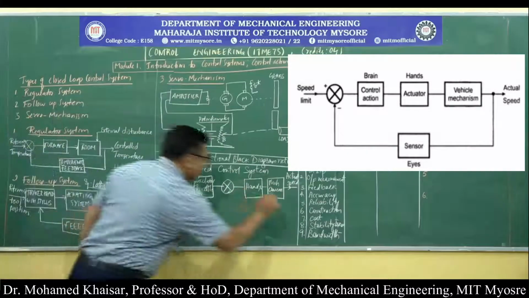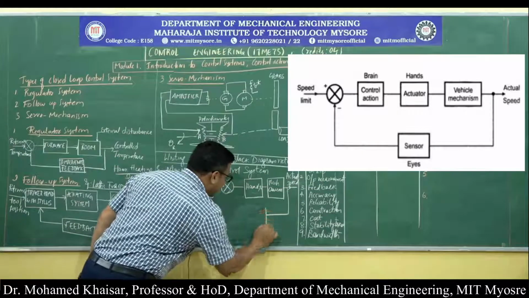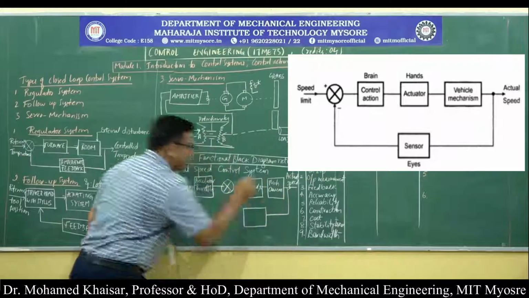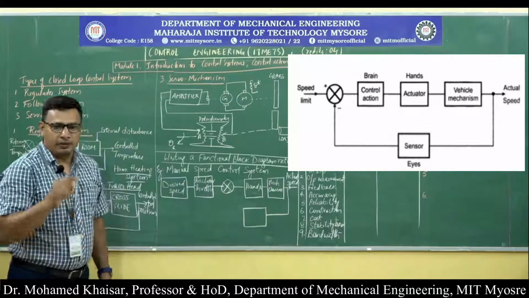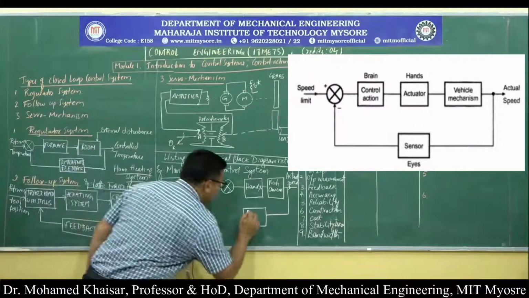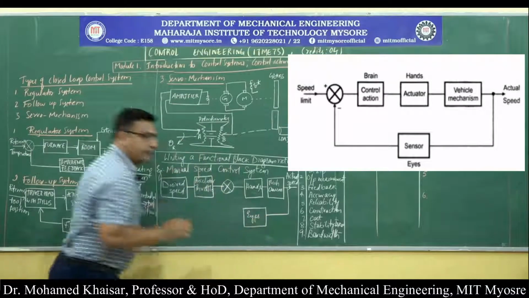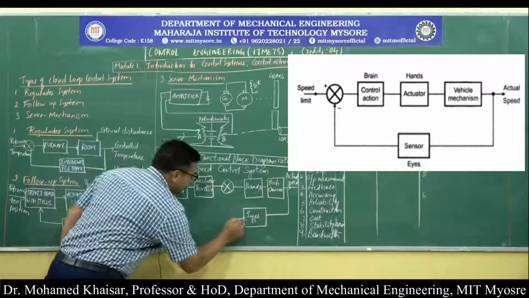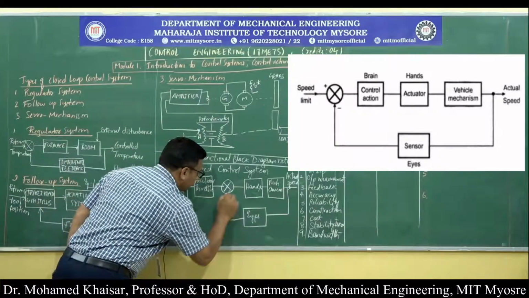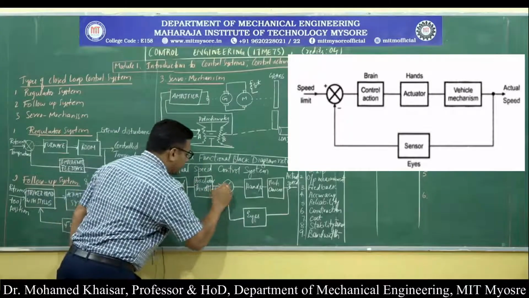Then this is sensed: the speed will be available on the odometer, that is seen by human eyes, and this will send the signals to the controller over here.